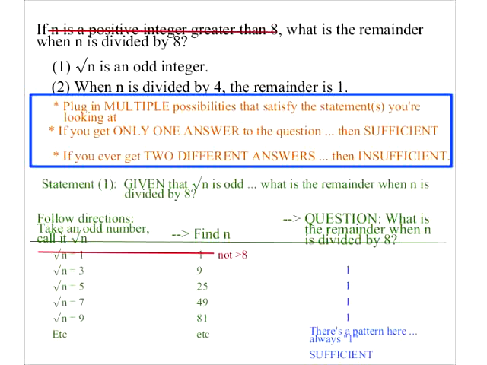You're not suddenly going to have something different happen after the 8th or 9th number that you plug in. But you should plug in enough numbers to be convinced of this. So that's how the plugging works for statement 1. Statement 1 turns out to be sufficient. Any questions about this?